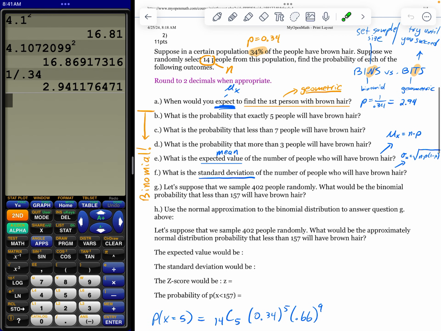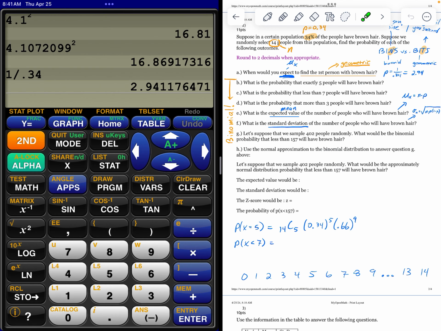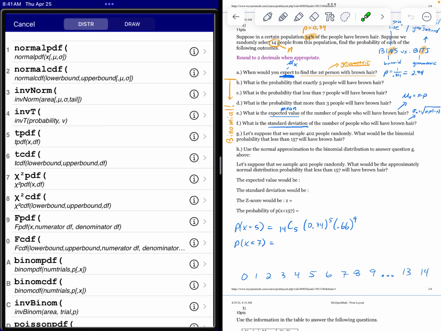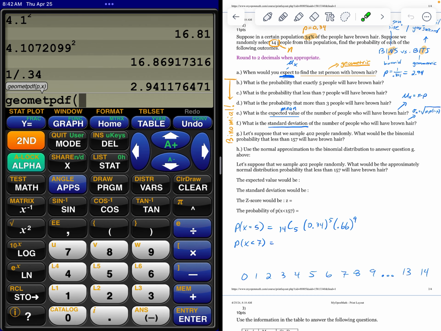Oh, before I forget, I should go to the calculator. Let me backtrack. There is a geometric button for part A. If you go to the distribution menu, second distribution, down here you see geometPDF and geometCDF. GeometPDF, you put in the probability of success and when you want it to happen.